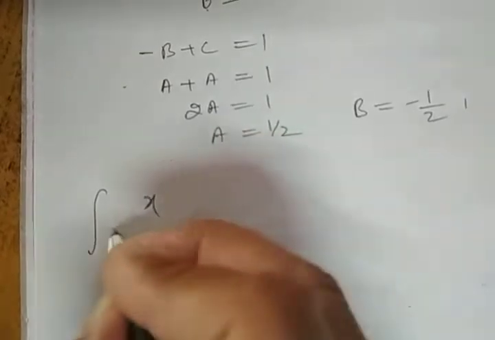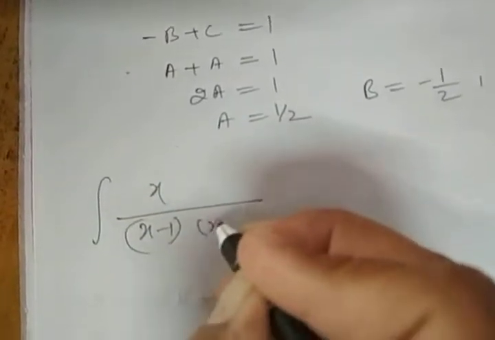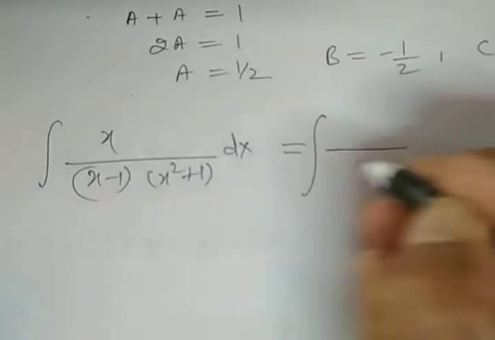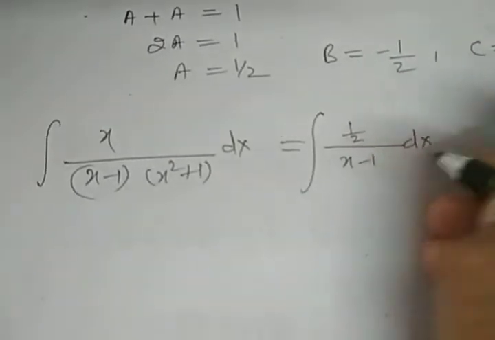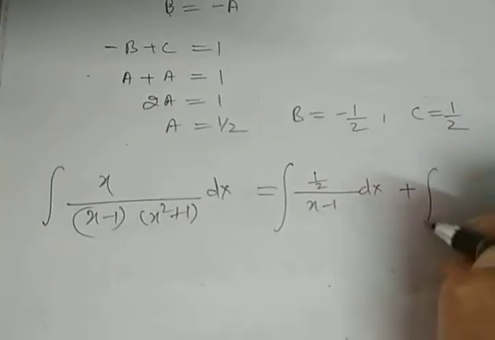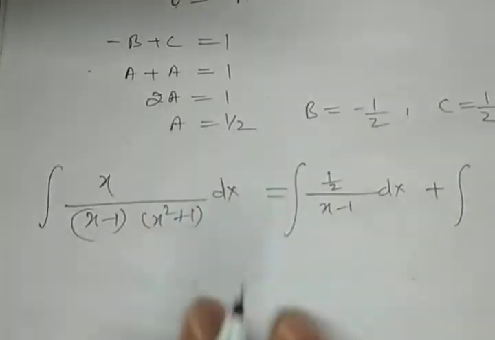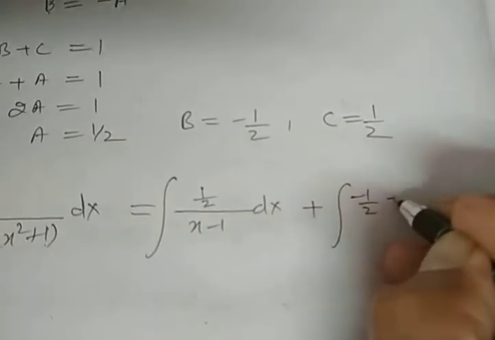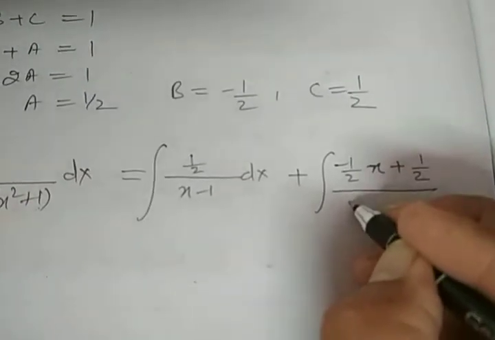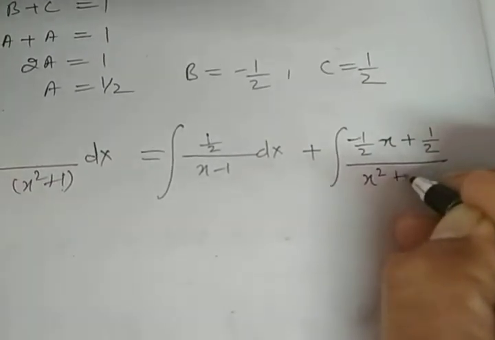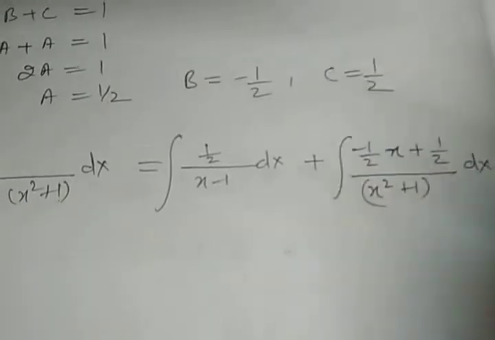So our integration is x upon x minus 1 into x square plus 1 dx. For x minus 1 we had taken the numerator 1 by 2, so 1 by 2 upon x minus 1, and we separate the two integrations, plus second, for x square plus 1 we considered the numerator bx plus c. So b is minus half into x plus c is 1 by 2 upon x square plus 1 dx.